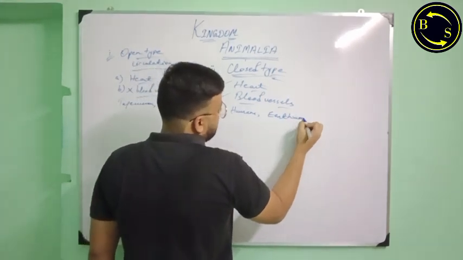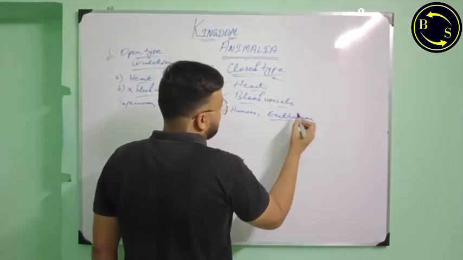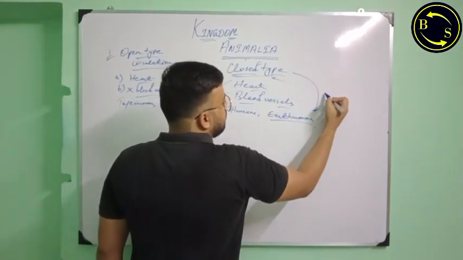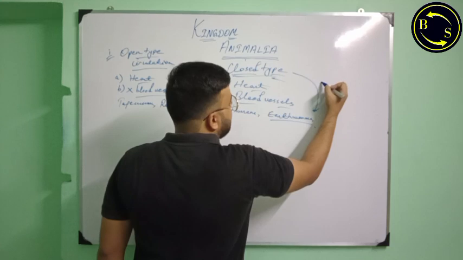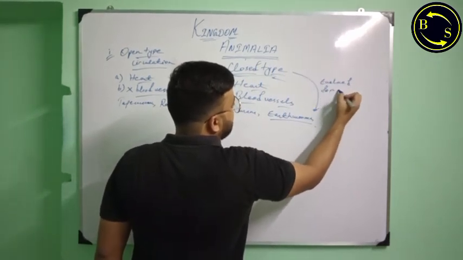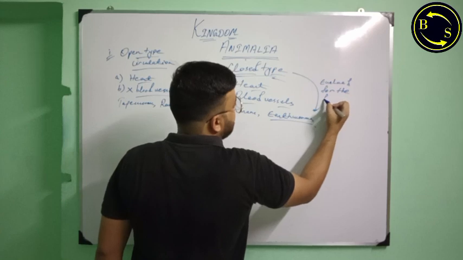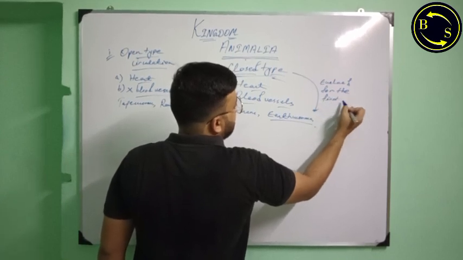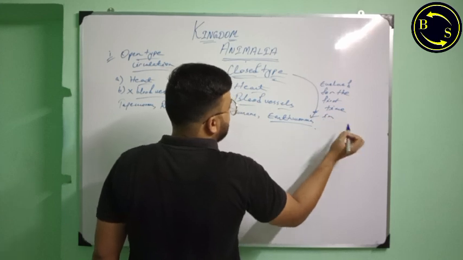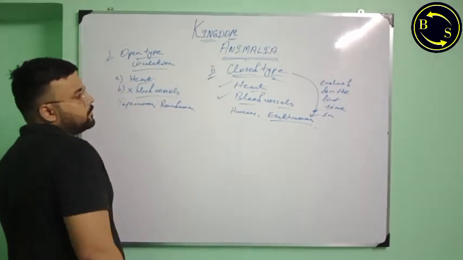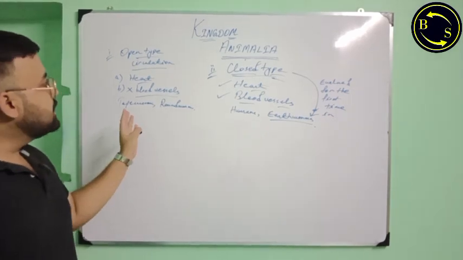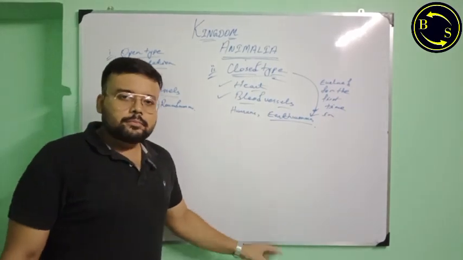The earthworms are the first organisms in which the closed type of circulation evolved, for the first time in earthworms. So this is how we can classify animals based on the circulatory system.